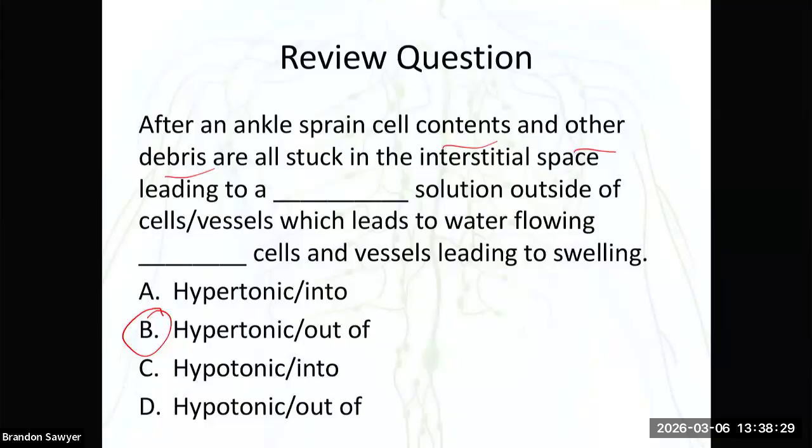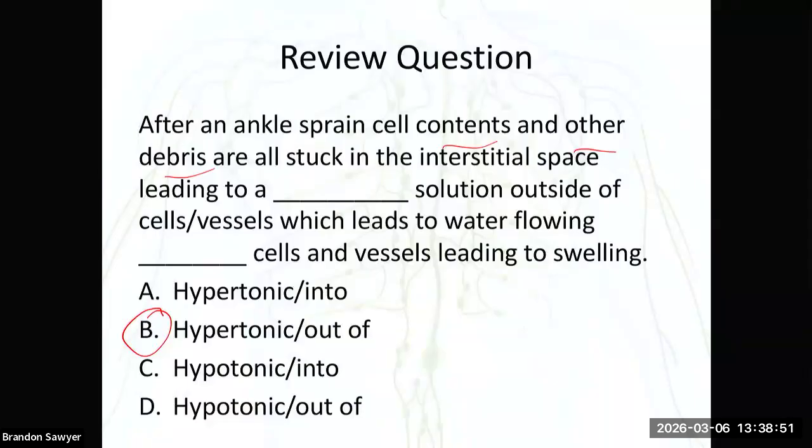And then we have inside of our blood vessels. That's space number two. And then we have everywhere else between those two things, which is called the interstitial space. So that's between cells and blood vessels, between cells. And that third space is where swelling happens. So when somebody has swelling or edema, it's in that interstitial space.